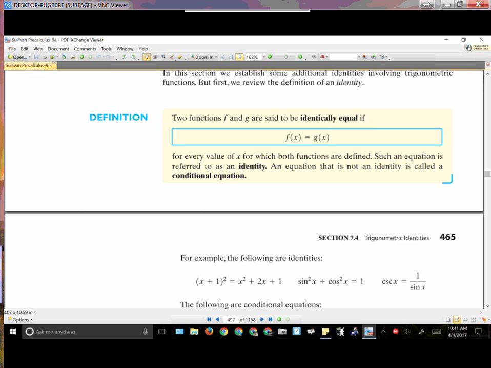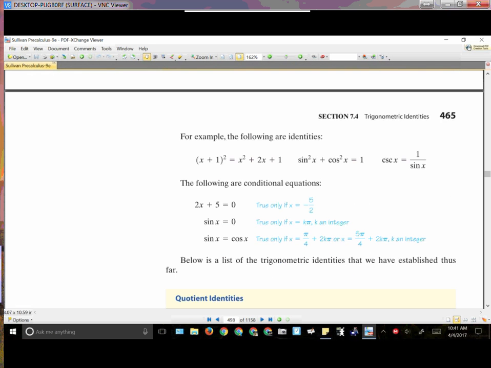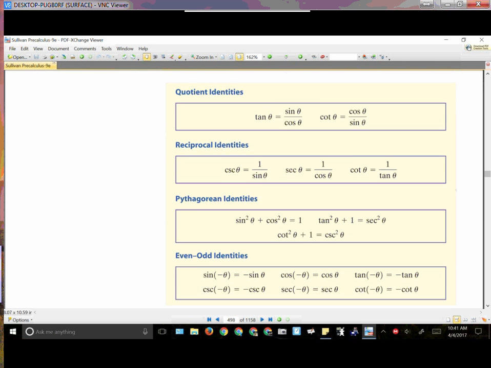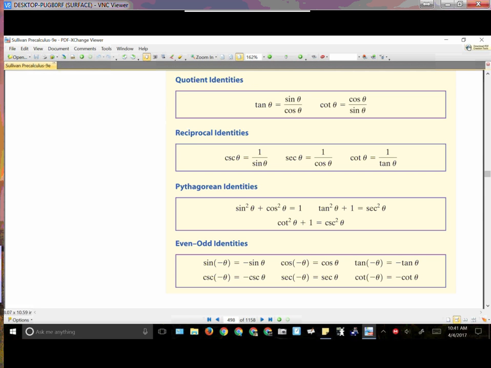Two functions are said to be identically equal if f of x is equal to g of x. So two different functions, if they have the same outcome, are called equal. What we've got here is information that you should make sure you have available: some nice identities. Tangent, cotangent, reciprocal identities, which we've already talked about, Pythagorean identities, which we have somewhat dealt with.